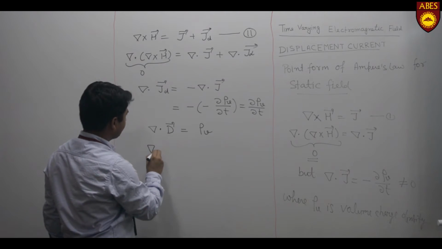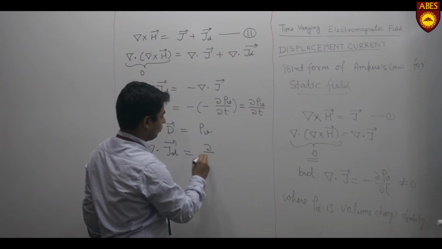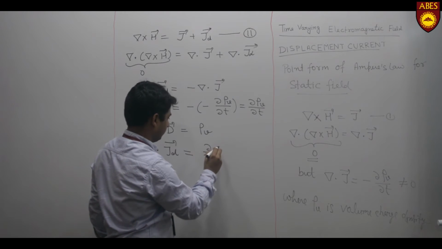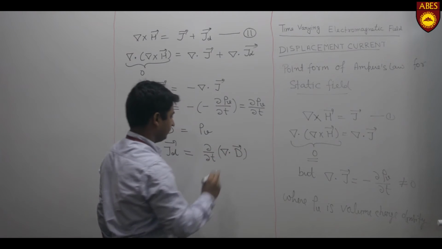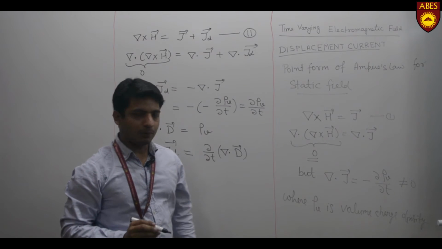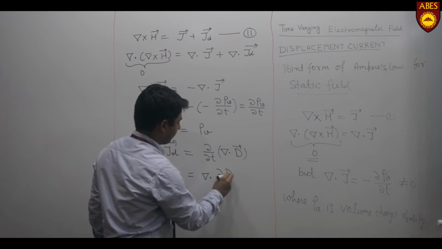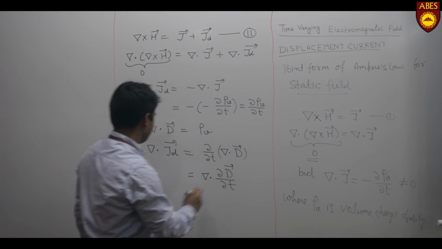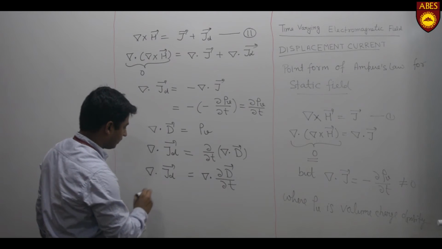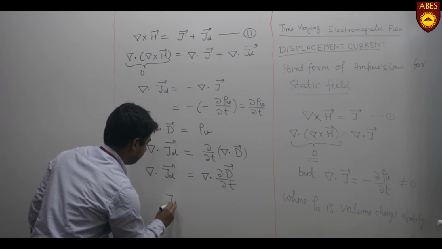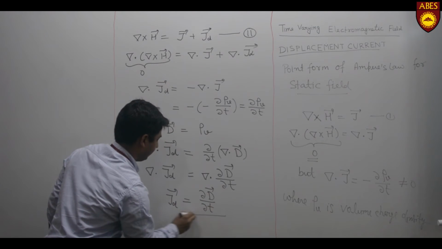So divergence of JD will be equal to del over del t of divergence of D. The del operator and the time operator are independent of each other, so we can write this as divergence of del D over del t, so divergence of JD, or simply we can write JD is equal to del D over del t.